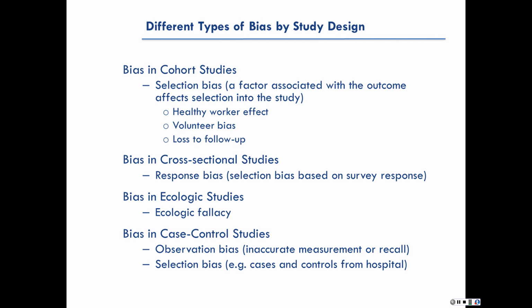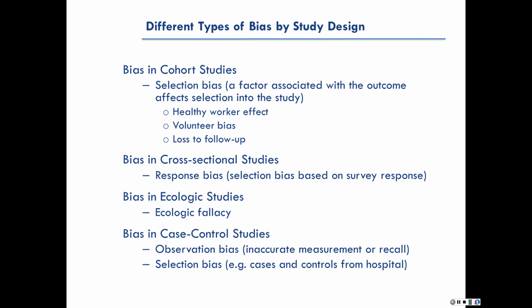When it comes to bias in ecological studies, I mentioned before the ecological fallacy, and so this is incorrectly assuming that because two things are associated at the group level, those things are true at the individual level. And lastly, when it comes to case control studies, there are two particular kinds of bias I want to draw your attention to.